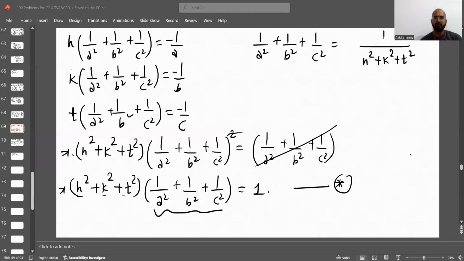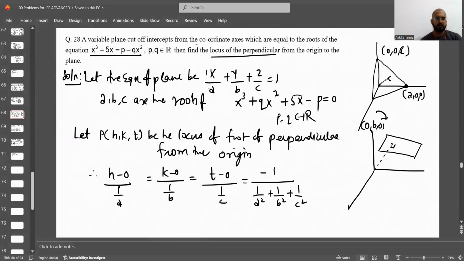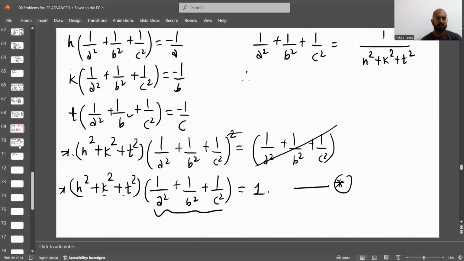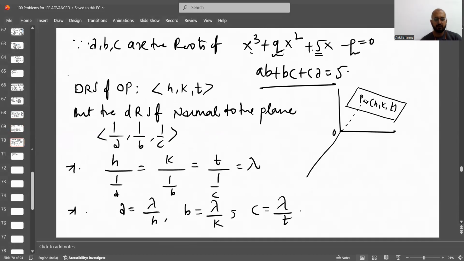We have one more thing; we can also get this from here itself. If I try to find out H square plus K square plus T square from here, or let's say 1 over A square, I'll find out from here itself. So 1 over A square plus 1 over B square plus 1 over C square will be equal to, just take the reciprocal and add them, H square plus K square plus T square by lambda square.